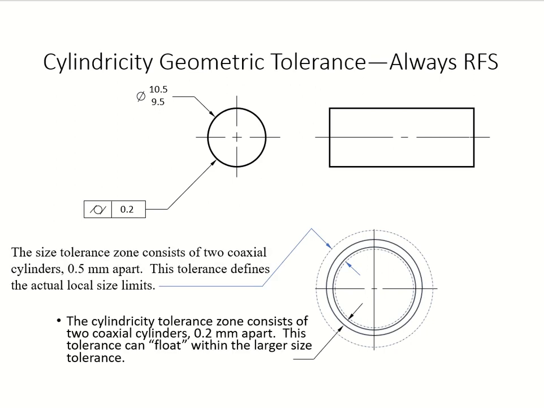So let's take a look at it right here. When you see this, that's your tolerance, and this is 0.2, the smaller cylinder right here. So that's the 0.2 millimeter, and from here to here, 10.5 minus 9.5 is going to give you 1.0 millimeters. As long as this tolerance is right in there and your part is right in here, that's okay.